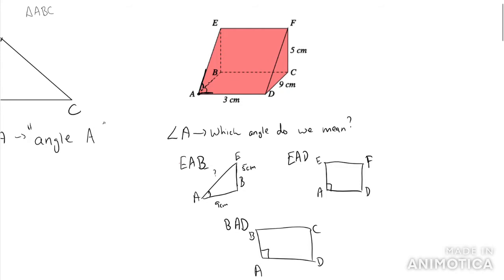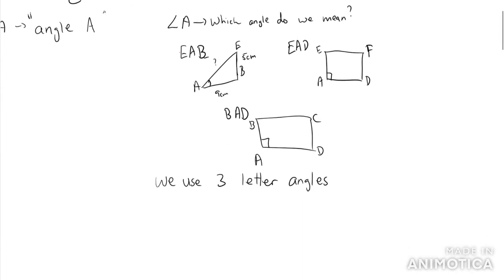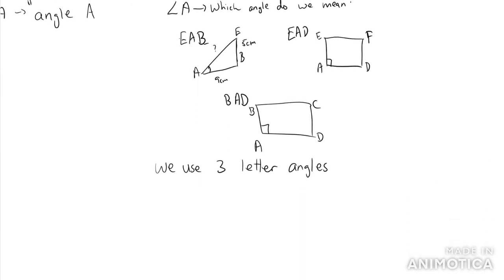So you can see here I actually have three different angles to choose from, and if there was more points coming off of A, I would have even more things to pick from. But you can see right here, this is the complication. So I've given part of the solution.